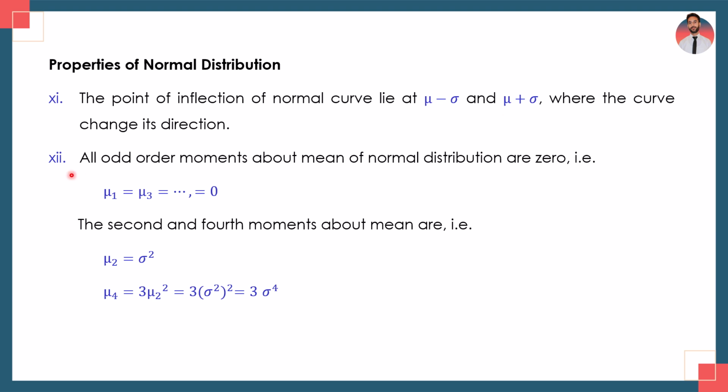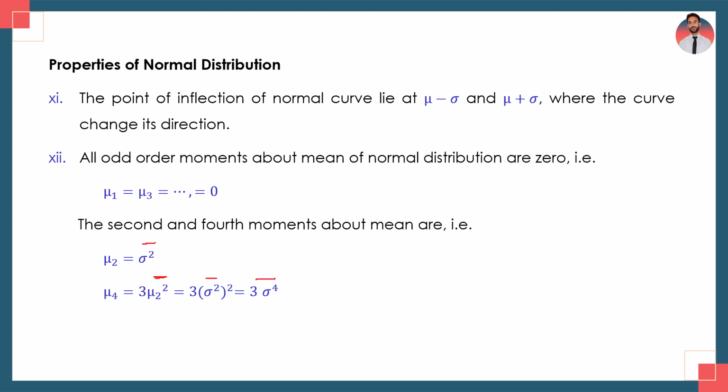In the 12th property, all odd order moments about the mean of the normal distribution are 0, mu1 equal to mu3 equal to 0. Odd order moments of the normal distribution are equal to 0. The second moment and fourth moment about the mean are: the second moment is always equal to the variance sigma square, and the fourth moment is equal to 3 mu2 square, which is 3 sigma power 4.